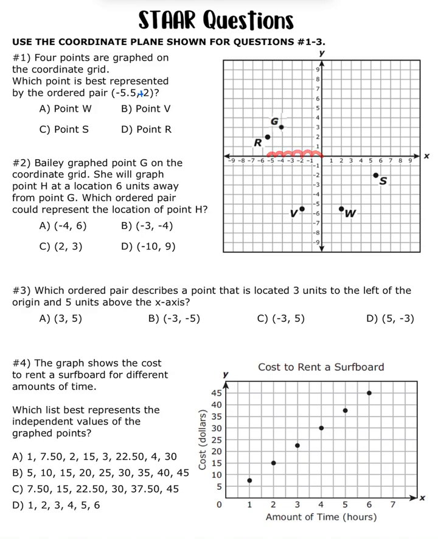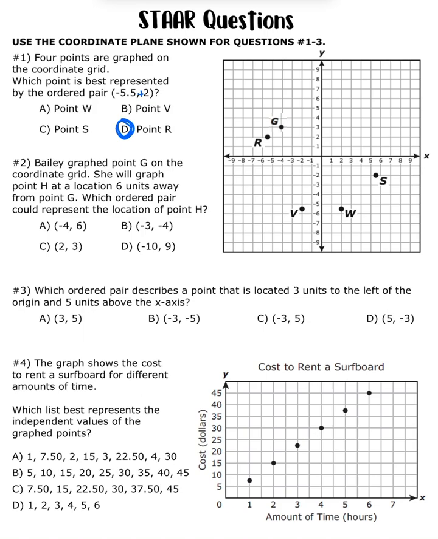So my only options would be these that are over here on the negative side. And if I am at that -5.5, I have to go up 2, 1, 2. So my answer would be R, because that is the only dot that is where I need it to be. Okay.